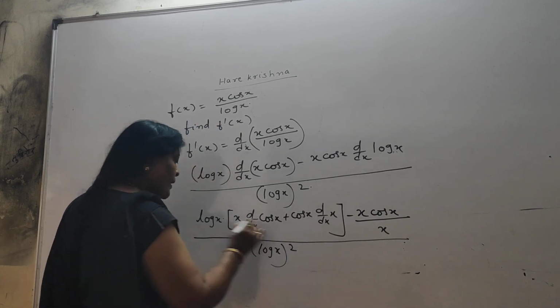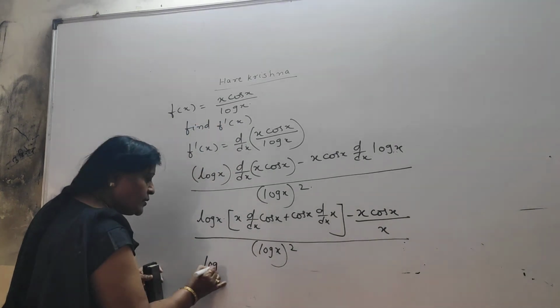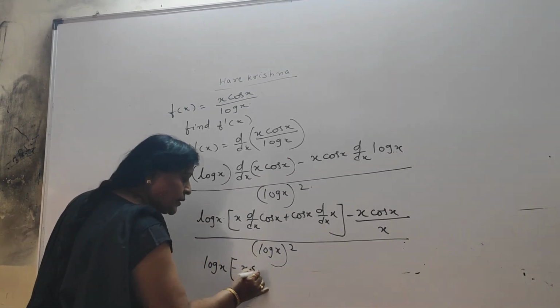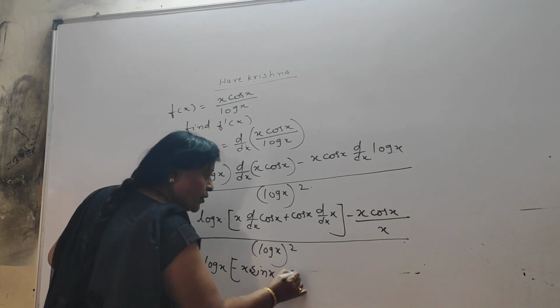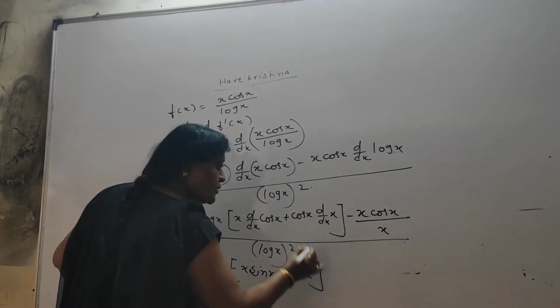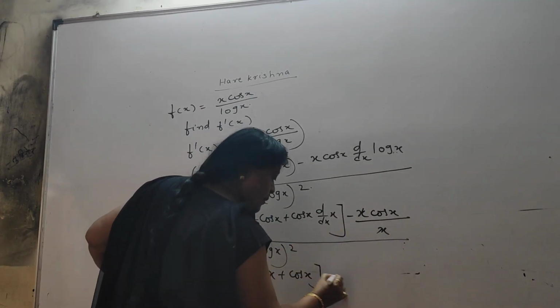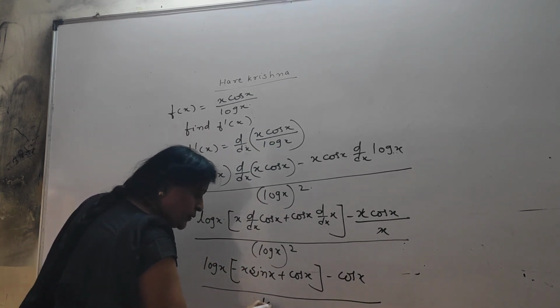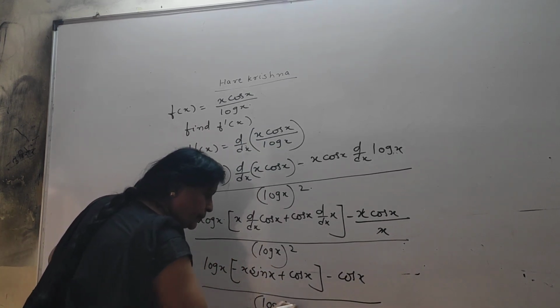Now simplify the bracket. Log x remains as it is. Here again x, the derivative of cos x is minus sin x, plus cos x, the derivative of x is 1, x gets cancelled, minus cos x divided by log x whole square.